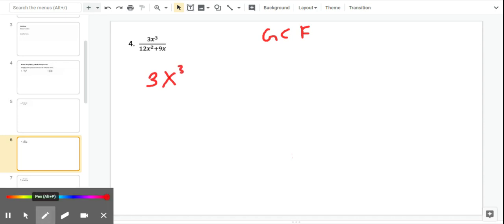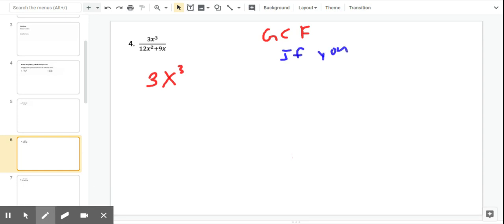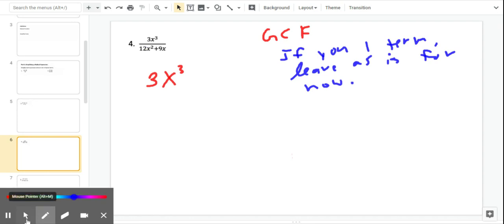So let's make a note of that: if you only have one term, leave as is for now. And then we'll see what we can do with it after we factor the bottom.